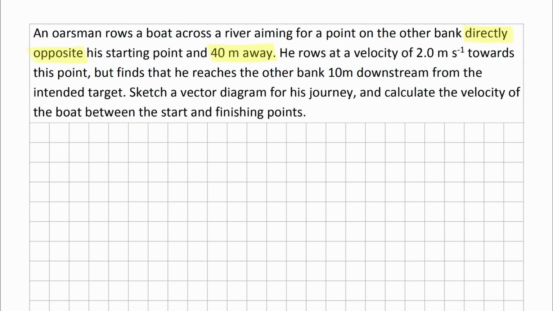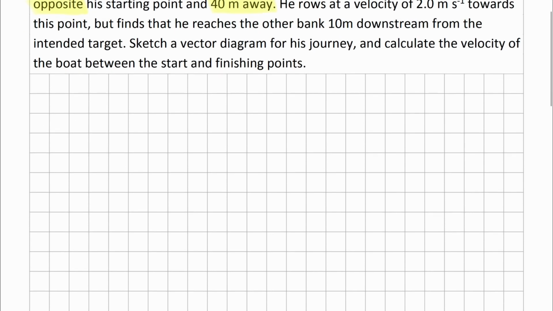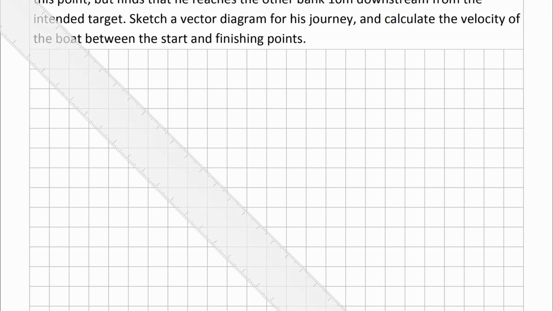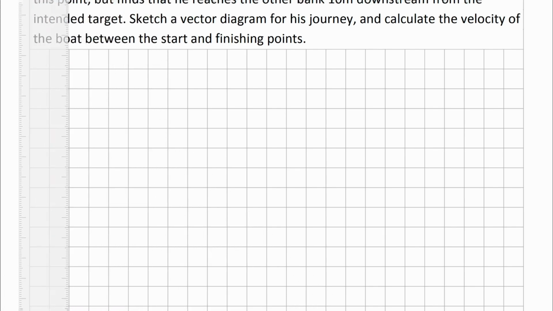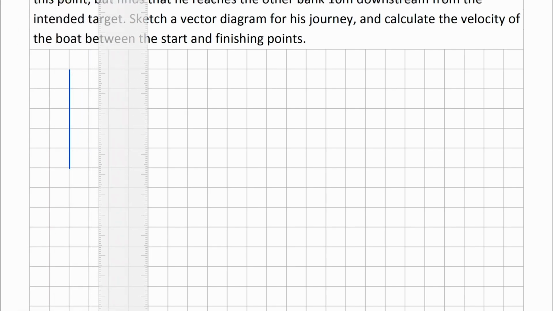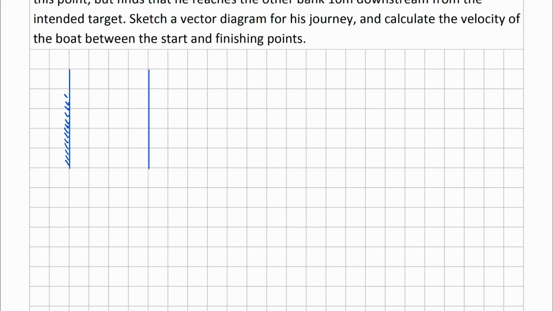Okay, so what we start with, we're going to make a drawing, and I want to do it nice and neat, so it is going to be exactly with the ruler. I'll make little lines which will state that the surface is not moving.